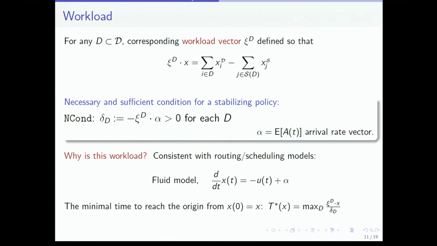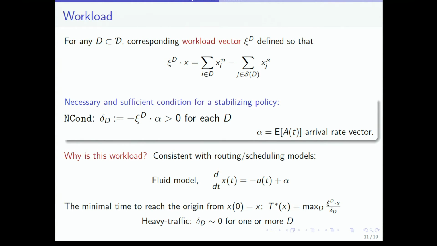Our constraints on the system dynamics are given by these inequalities in the n-cond. So the natural workload process is expressed in terms of these constraints. Take any subset, for example D, and look at the difference between the items in subset D minus the items on the supply side that can get matched with this demand.